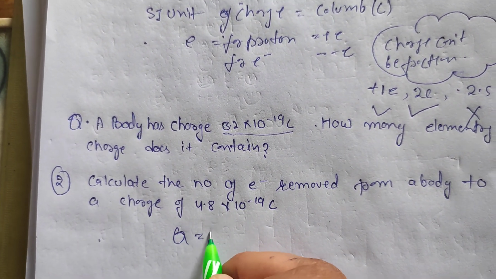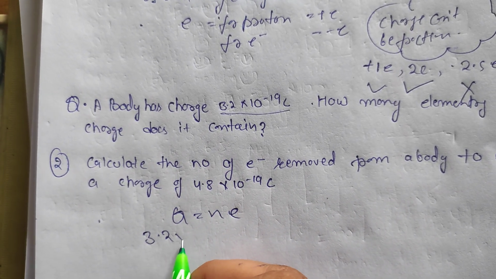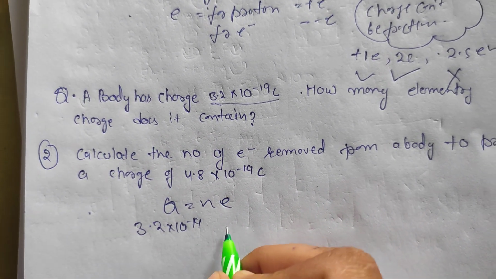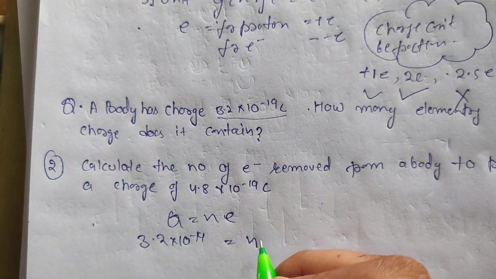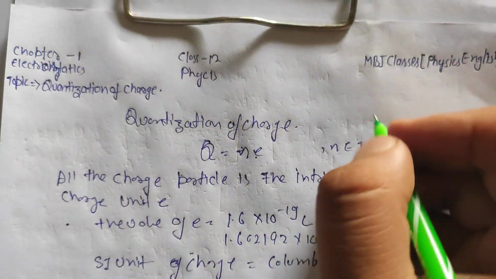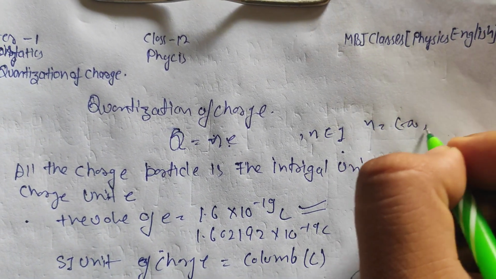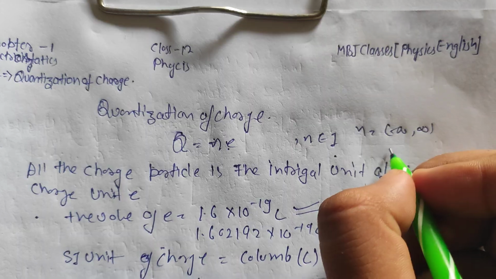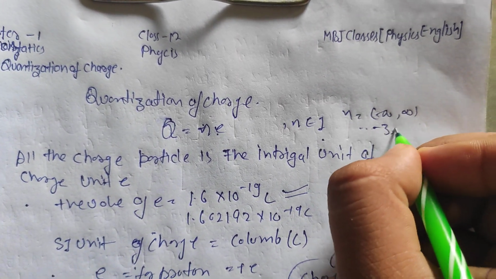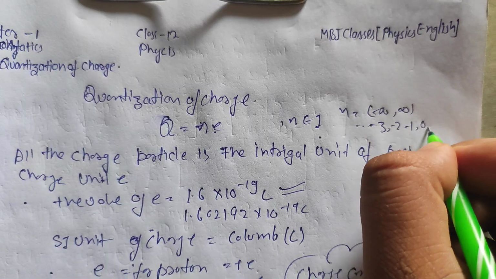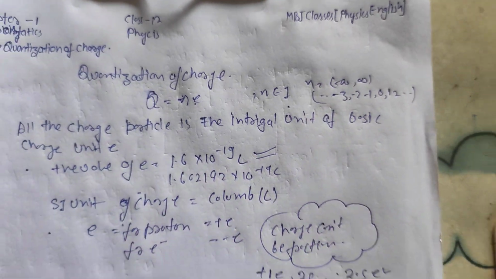By the formula Q = n e, n is the number of elementary charges, and n ranges from minus infinity to infinity but is an integer, like minus 3, minus 2, minus 1, 0, 1, 2.